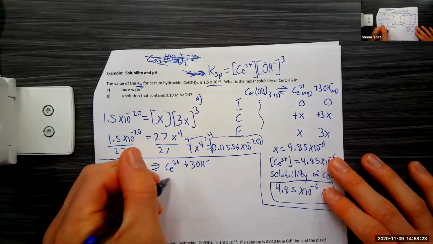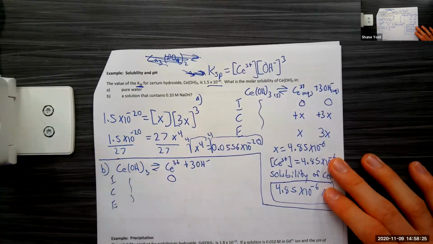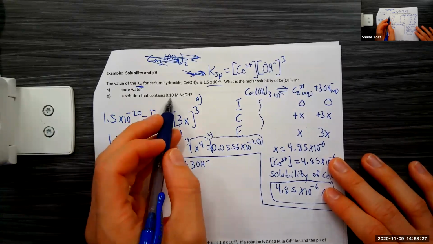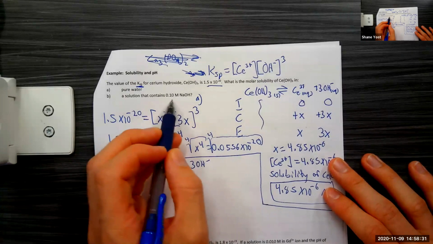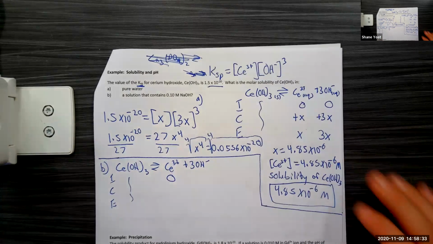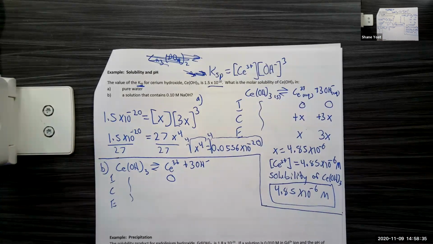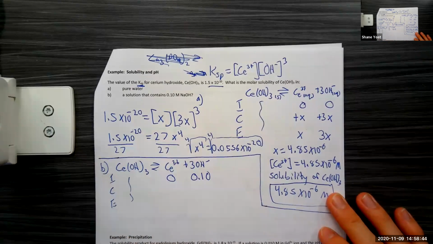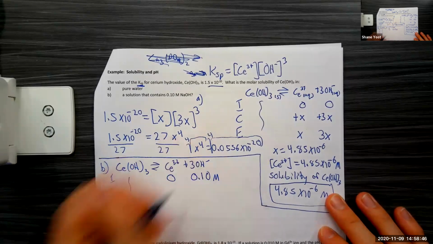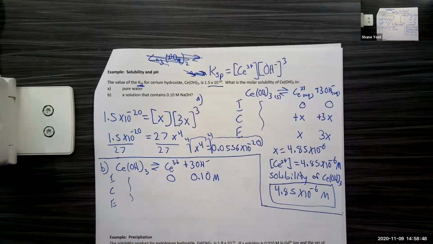I still have no initial concentration of cesium, but now I have a 0.1 molar solution of hydroxide, because 0.1 molar sodium hydroxide is a strong base, so it will fully dissociate into sodium ions and hydroxide ions. So I have an initial concentration of 0.1 molar OH minus.